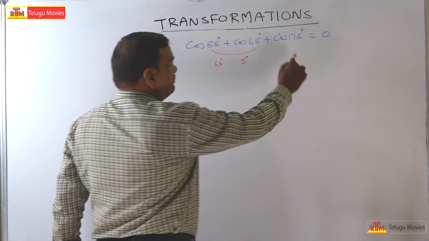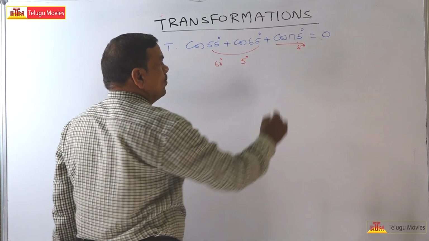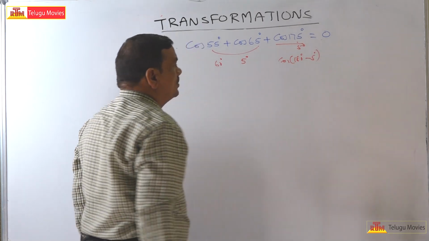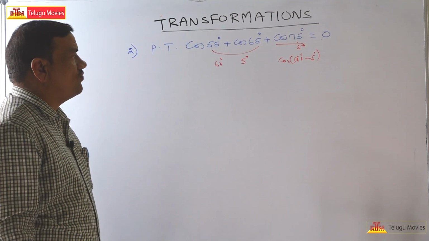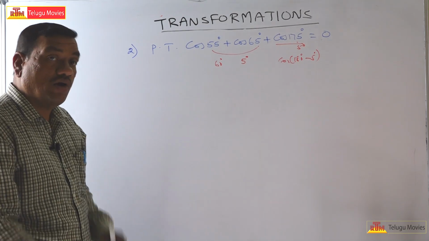If it is cos 5, can I get 5 here? Yes, I can get. How? If I write cos 175 as cos of 180 minus 5, the problem will be easy. So you have to get an idea like that.